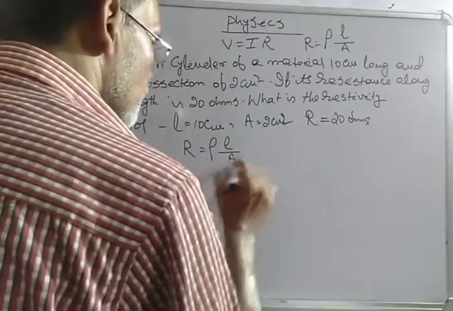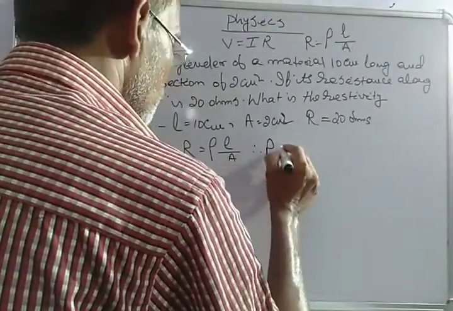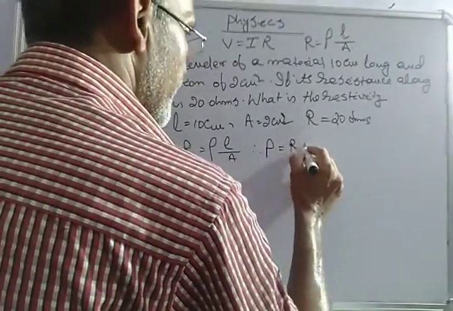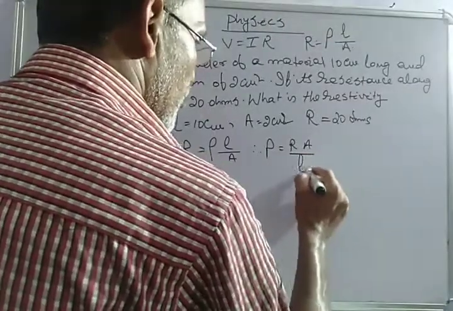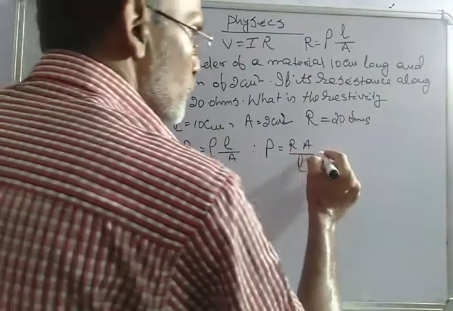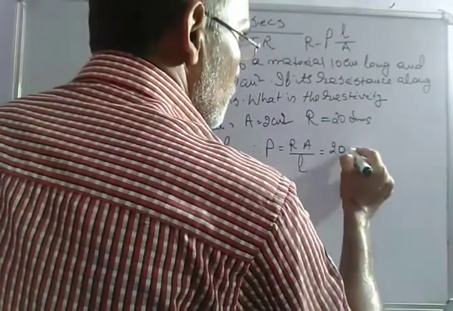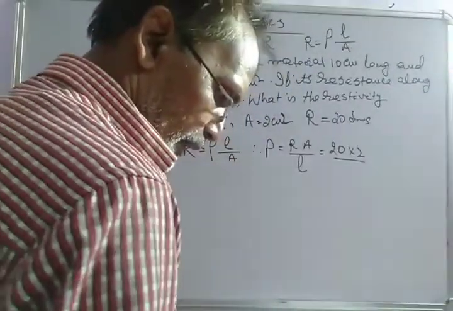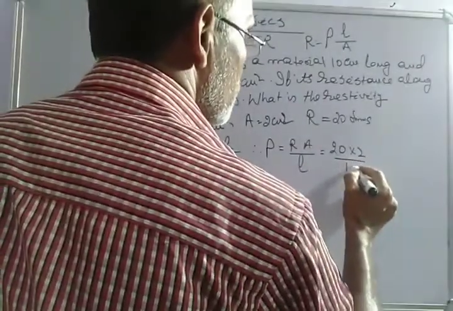We get rho. Therefore rho is equal to R into A by L, that is equal to 20 into 2 by L, and L is given here 10 centimeter.